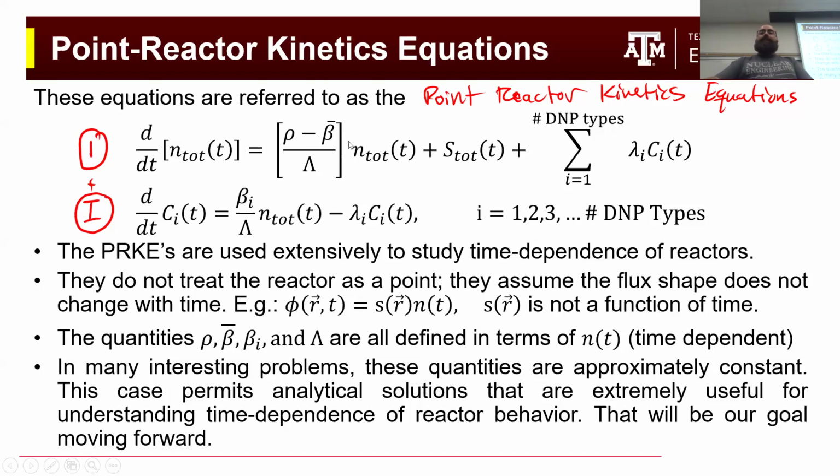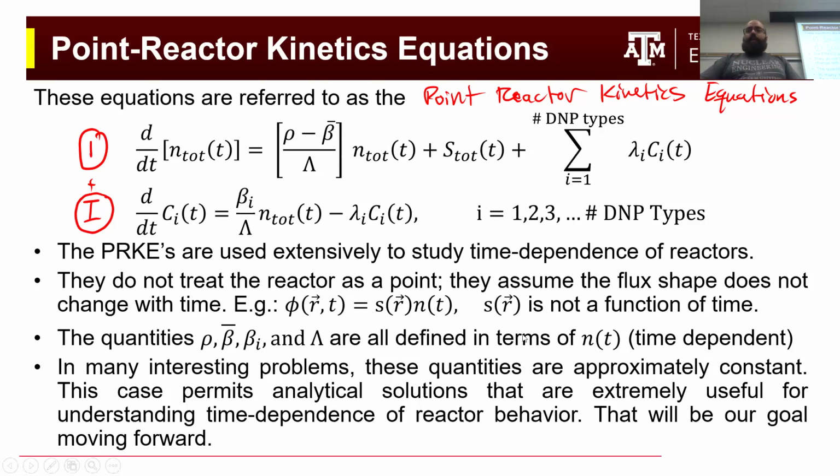So for breaking our scalar flux into a spatial shape function and a time evolution function, we're saying that the shape of my flux doesn't change with time. It only changes with position.